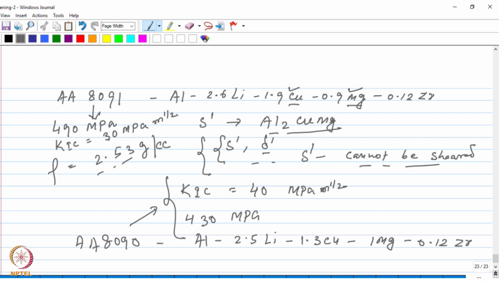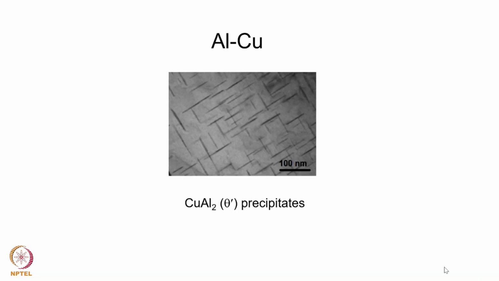All right, and this will also bring us to the end of this particular topic that we have been discussing in the last few classes, this precipitation hardening topic. But before we close this topic, it will be good to have a look at the morphology of different precipitates that we talked about.